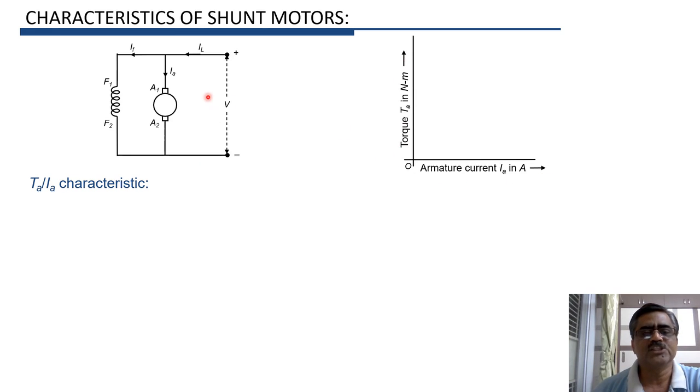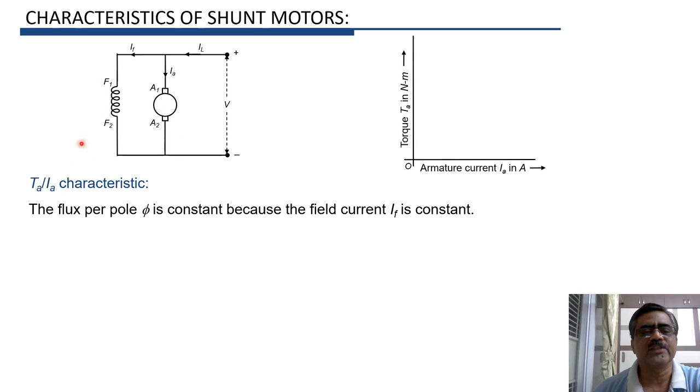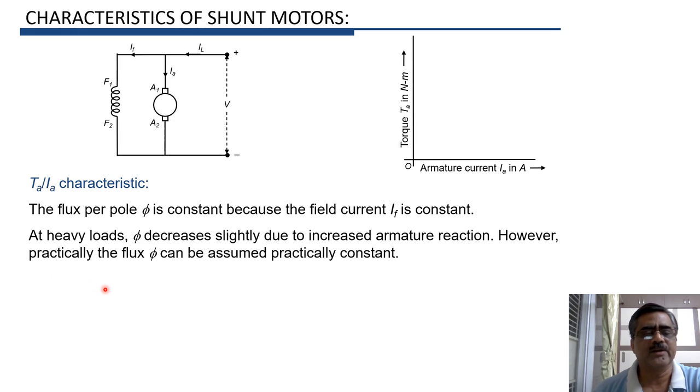Now this is a shunt motor, means field winding is connected in parallel to armature, and as field is connected across armature or across the supply, field current IF is almost constant. If IF is constant, flux phi is also constant.